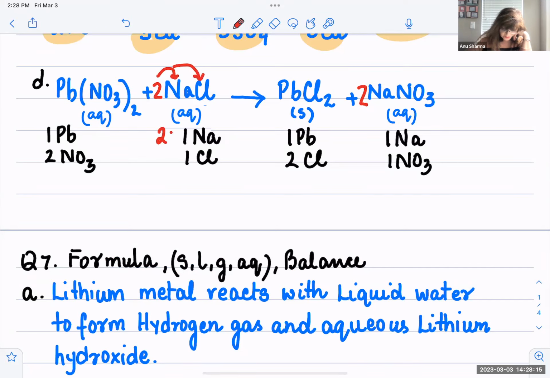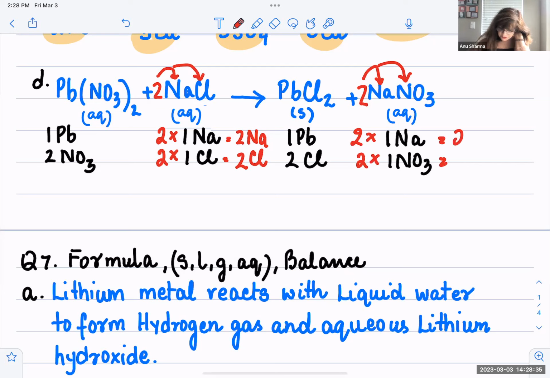So that means we have 2 sodiums now and we have 2 chlorines. So 2 sodiums and 2 Cls. All right. So 2 chlorines are balanced. This 2 applies to sodium and this 2 applies to the nitrate. So again, here you have 2 sodium and 2 nitrate.